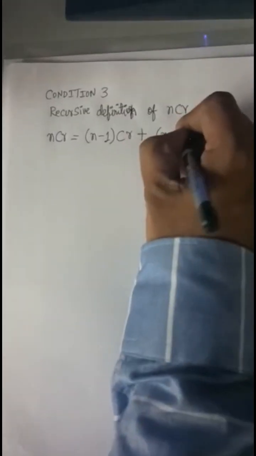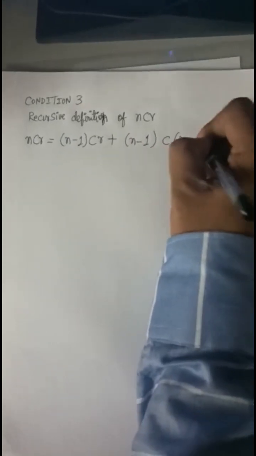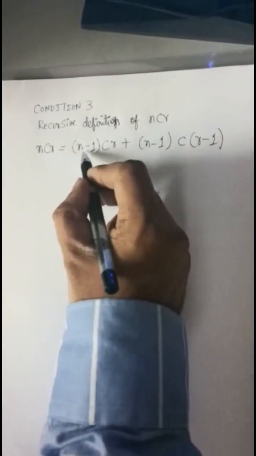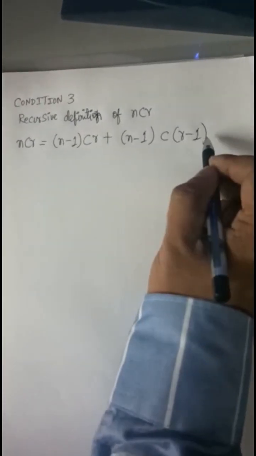The recursive definition of nCr is computed as nCr is equal to n minus 1 Cr plus n minus 1 C r minus 1.